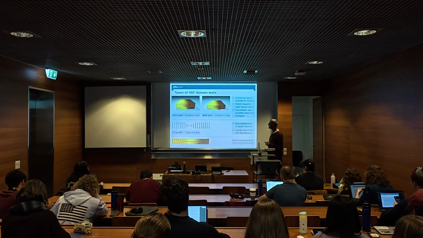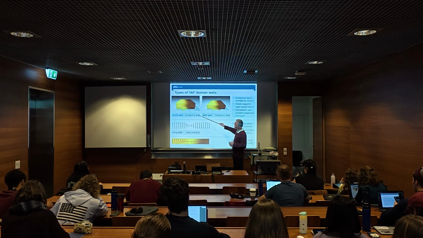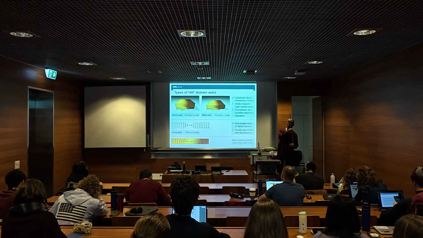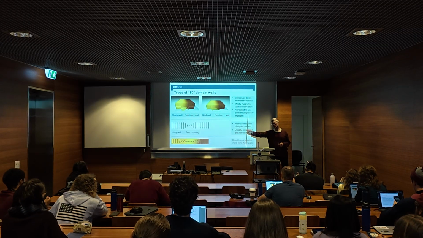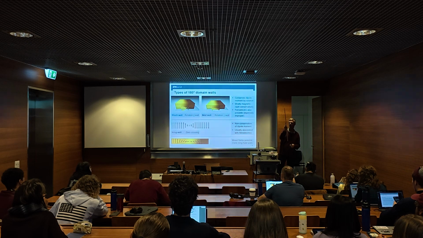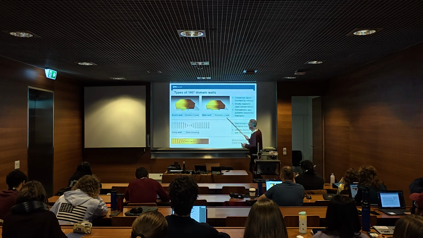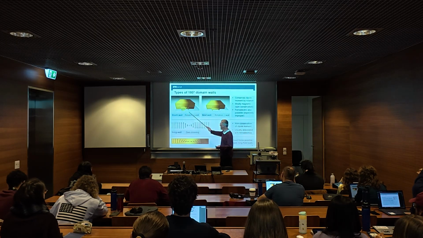Here you see what I've just said. When you have the reversal of a magnetization, it can go like this, or it can go like that. And depending on what it does, it is called a Néel wall or Bloch wall.